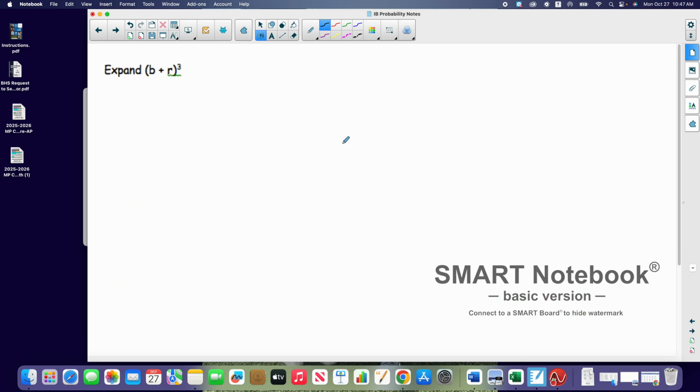I want you to do that expansion right there for me real quick. It's at the very bottom of the page. Try that one real quick. Write your B's out, then write your R's out.